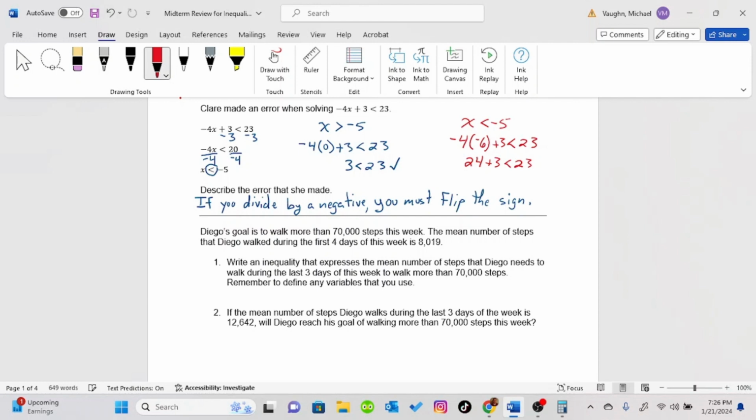And 24 plus 3 is 27. And 27 is not less than 23. So you can see that Claire's answer was wrong because she forgot to flip the sign when she divided by a negative.